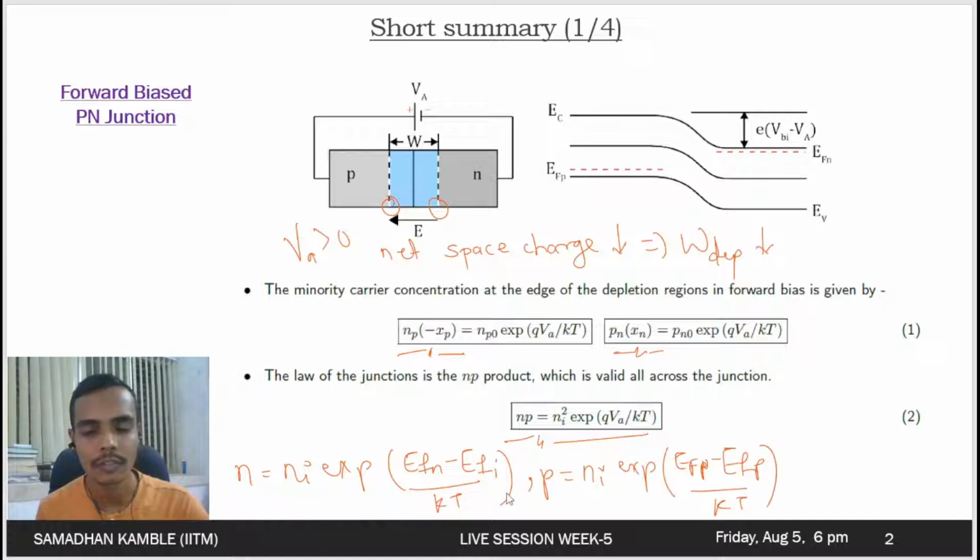If you multiply these two, the product will give you the law of the junction, and it will be a function of EFN minus EFP. EFN minus EFP is nothing but our built-in potential qVA. That's how we get our np product.